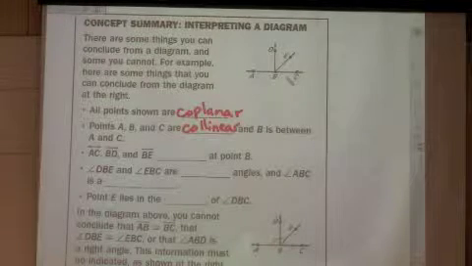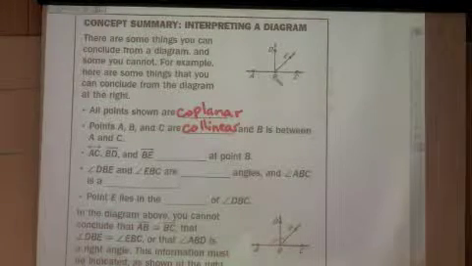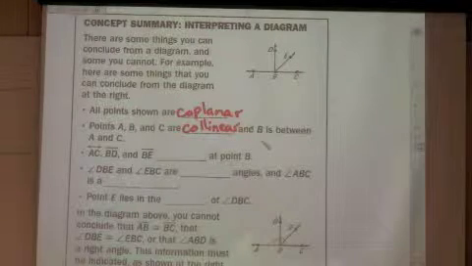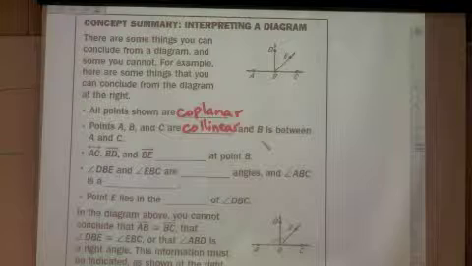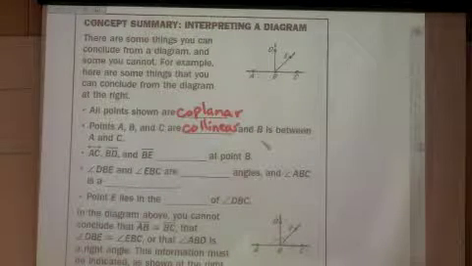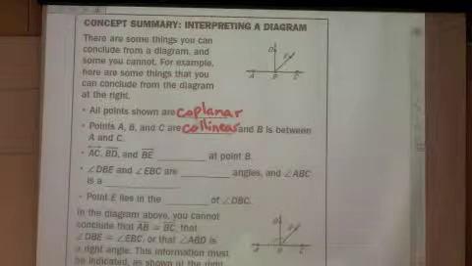AC, ray BD, and BE blank at point B. They all crash together. They all intersect at point B. Very good.